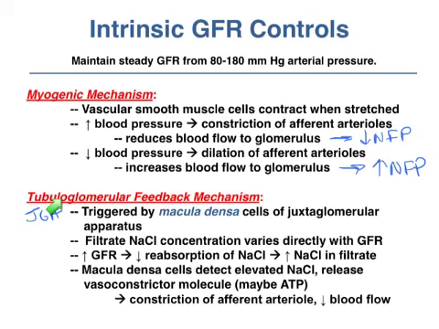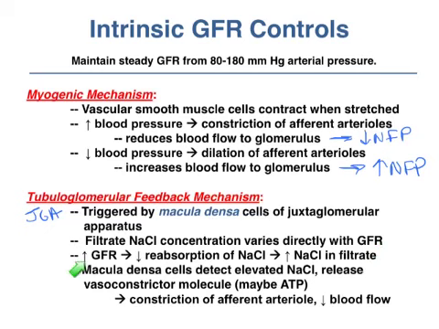So this mechanism is triggered by the Macula Densa cells. And remember I said the Macula Densa cells basically monitor reabsorption through the proximal convoluted tubule and the loop of Henle. And they do this by detecting sodium chloride concentration. Sodium chloride concentration varies with the glomerular filtration rate.